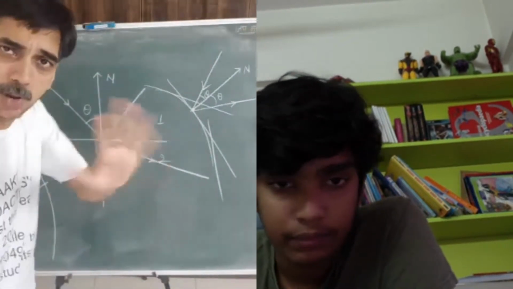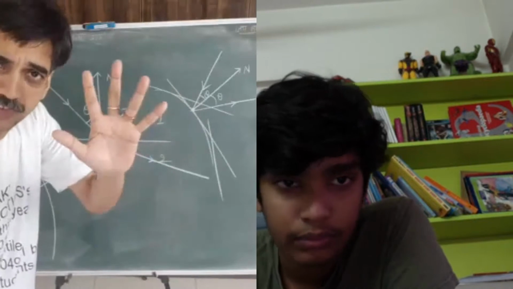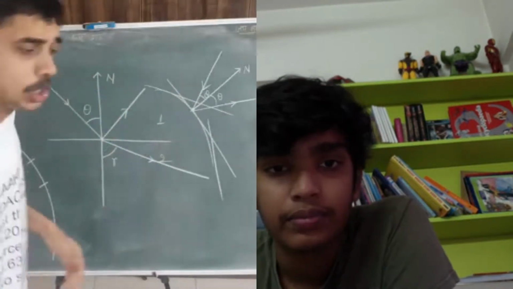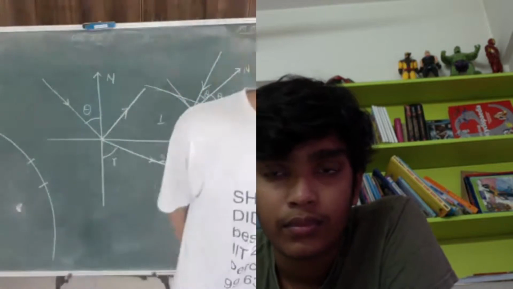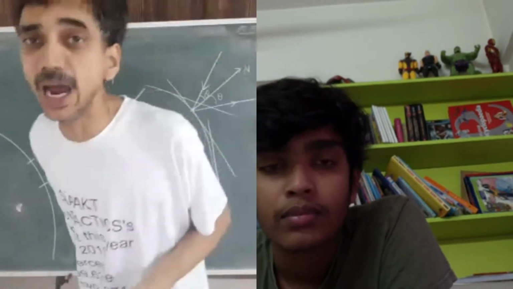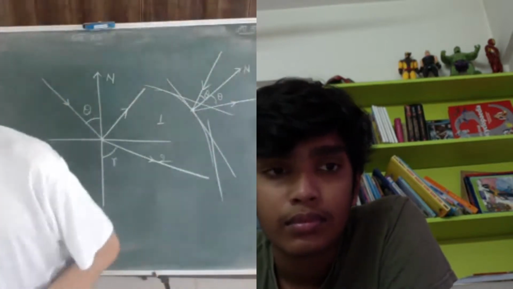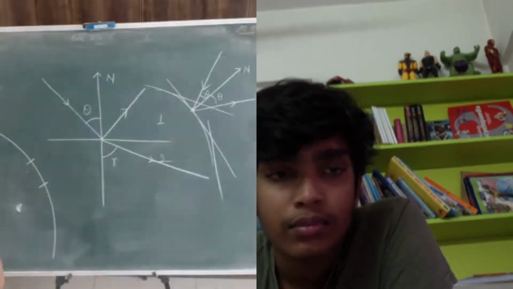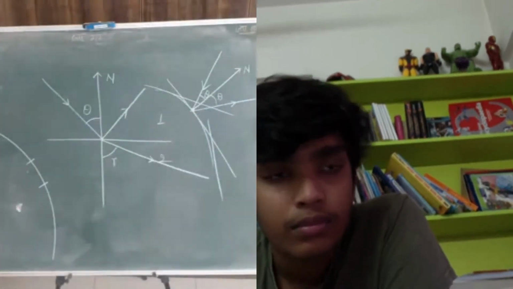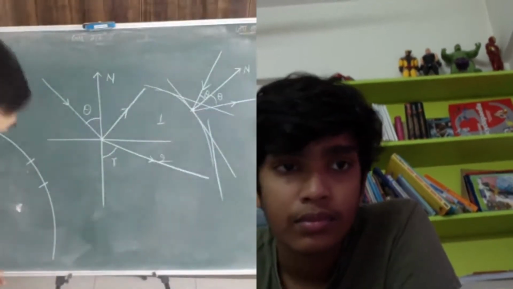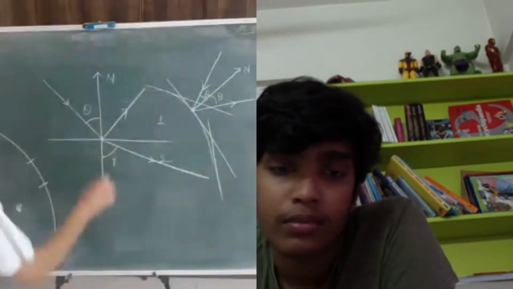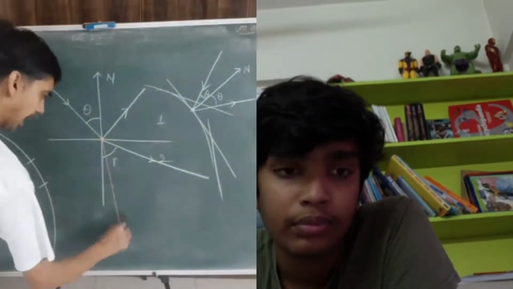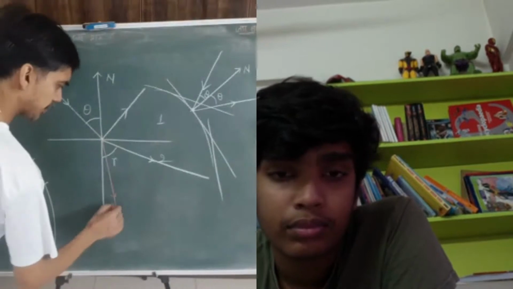The normal doesn't change, the reference doesn't change, right? So the rays which have transcended the barrier either move away from the normal, or they move towards it.